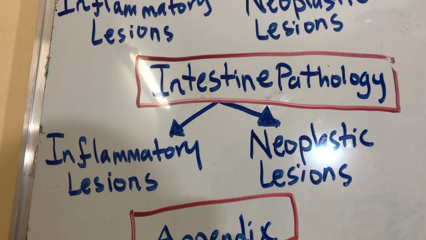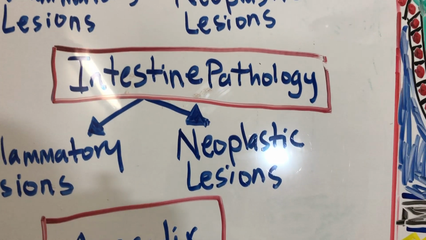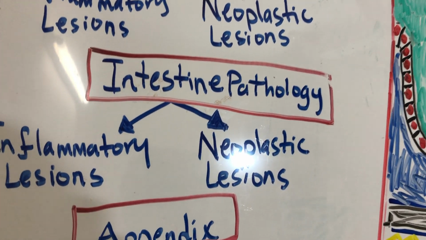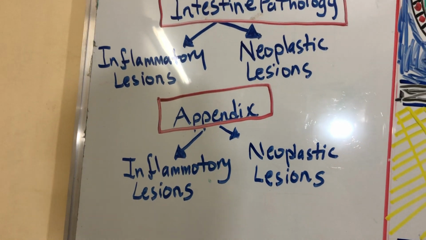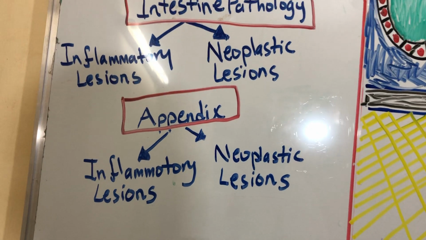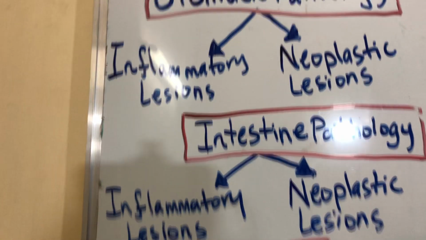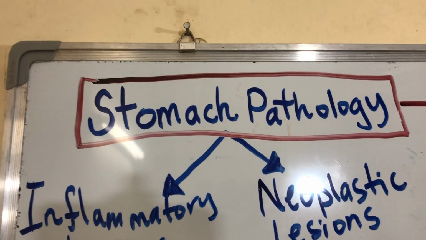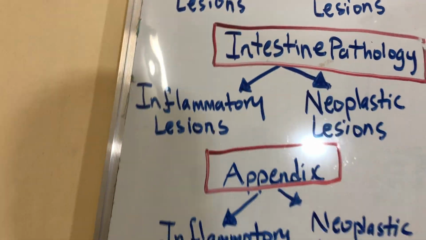Either a disease originating from an inflammatory lesion or a disease that could be traced back to a neoplastic lesion. In the appendix, we can also have our disease traced back to an inflammatory lesion or a neoplastic lesion. So today we will talk about the inflammatory lesions causing a stomach pathology. We're not even going to talk about neoplastic lesions. We'll talk about that the next time.